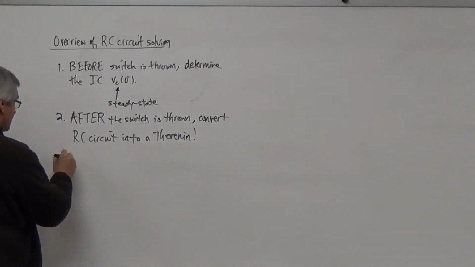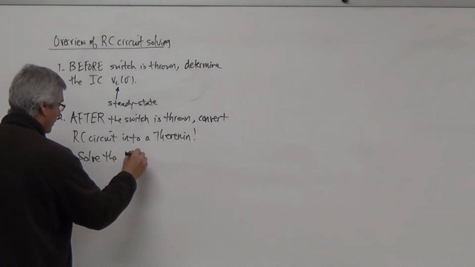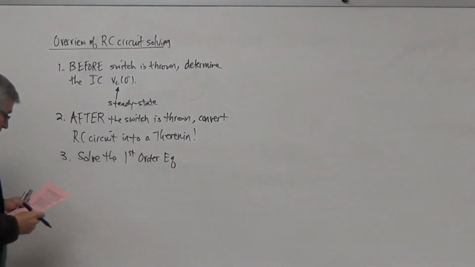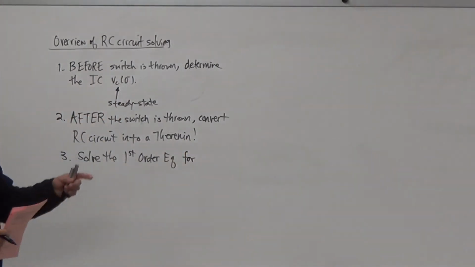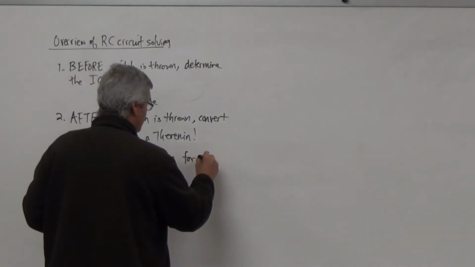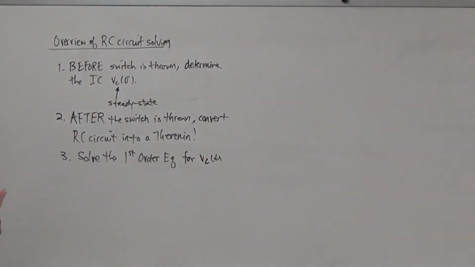Then what we do is solve the first order equation. And the way we solve that first order equation, we'll most likely just use KVL because it's a simple circuit, right? For VC of t. And remember, anytime I write VC of t, I'm talking about that transient period here.